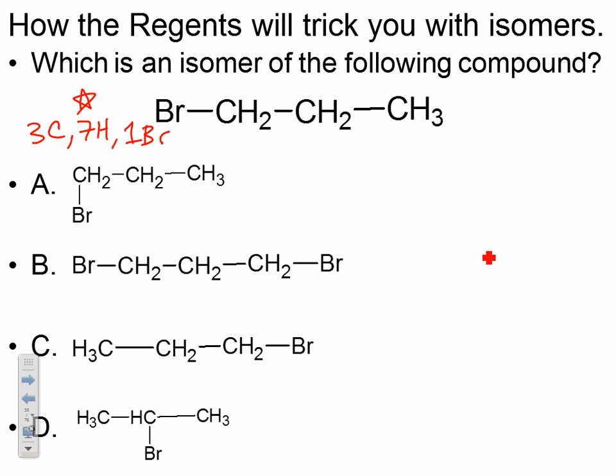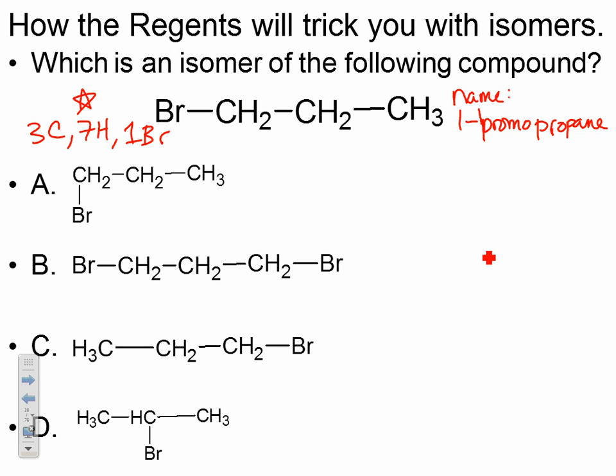The next thing I recommend doing is naming this. The name for this compound is going to be 1-bromopropane, right? And we're going to use that because it's going to help us evaluate these other options.